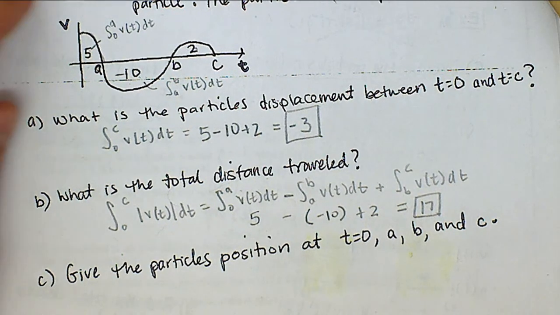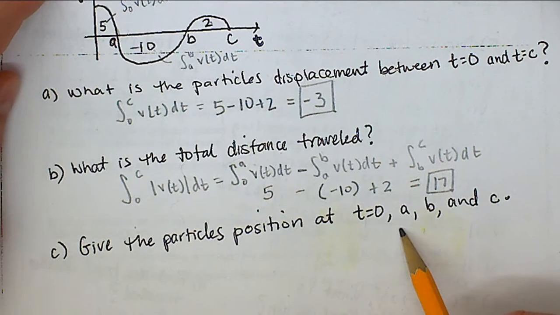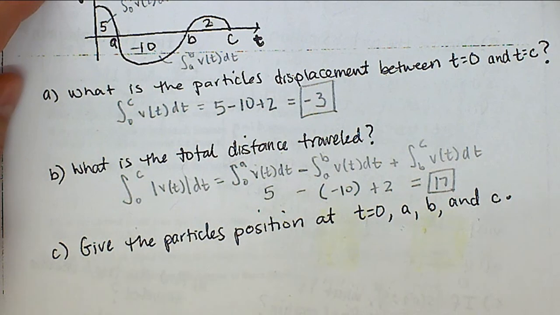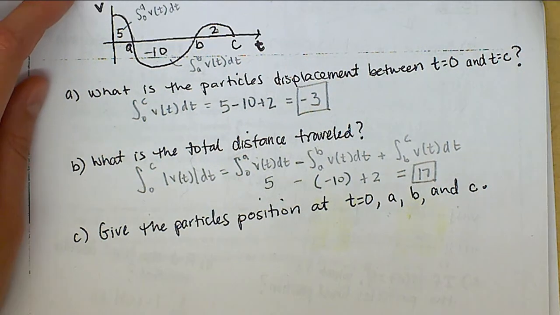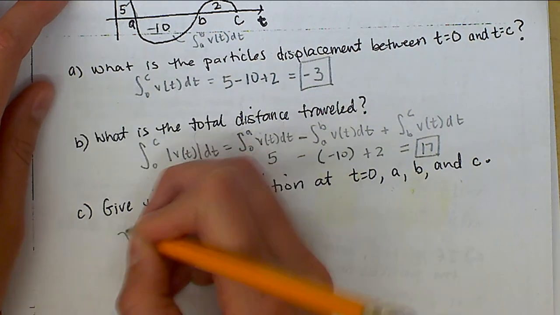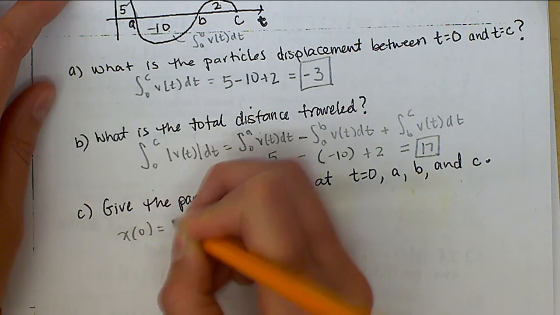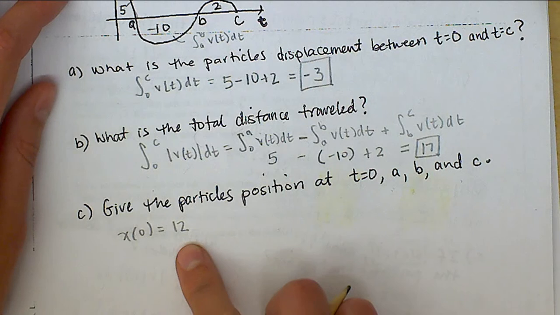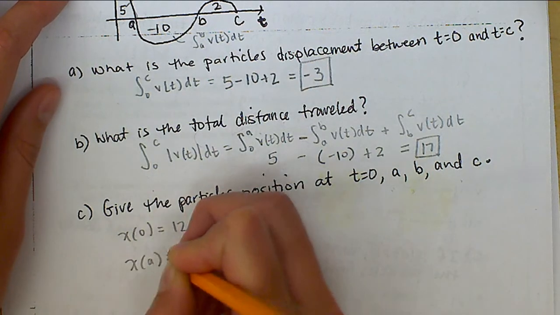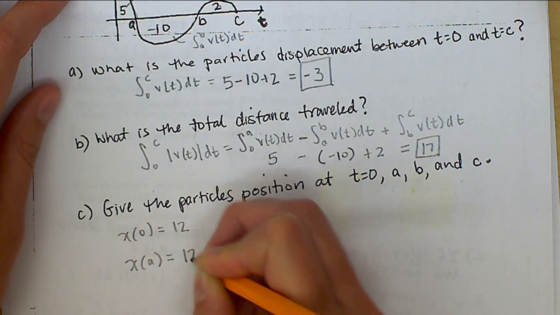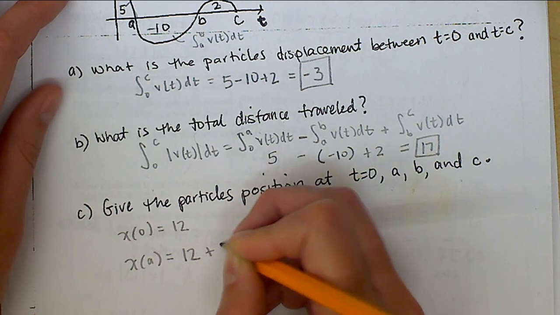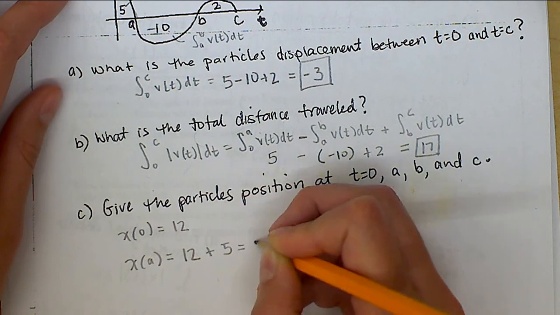And now we want to figure out the position at each of these points. So remember, when we're finding the position, we have to consider the initial position. So the initial position is x of 0 equals 12. This is where it starts. Then at point A, we have to take into consideration where it started from, and then however much we're adding.